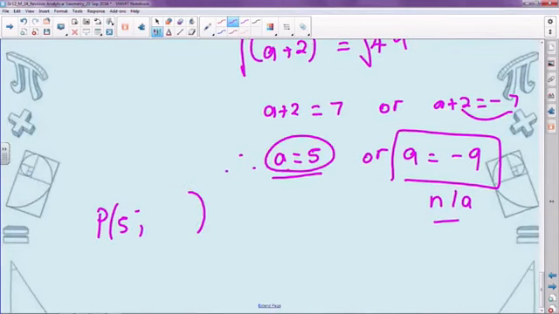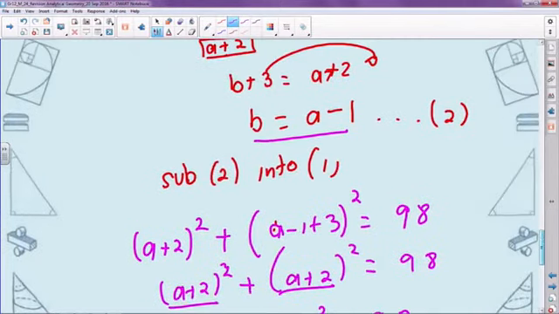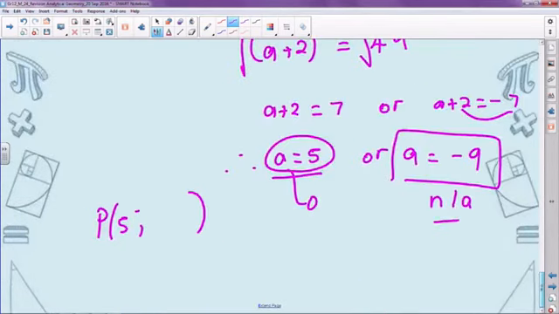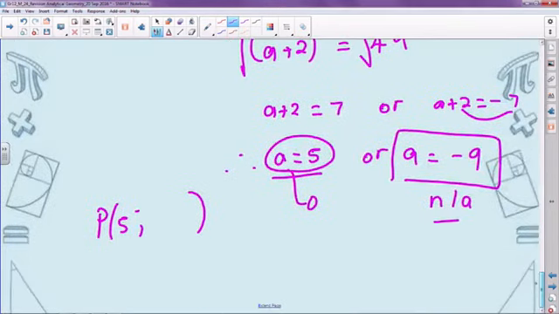I'm simply going to take that, substitute back into this equation. B is equal to a minus 1. So I'll get b is equal to a, which was 5 minus 1. All right, and we get that b, or the y coordinate at point P, is 4.